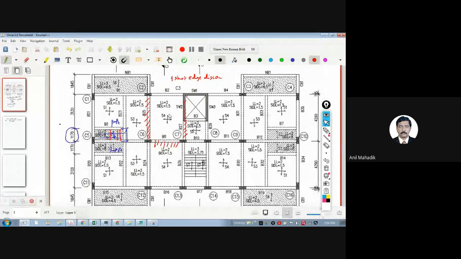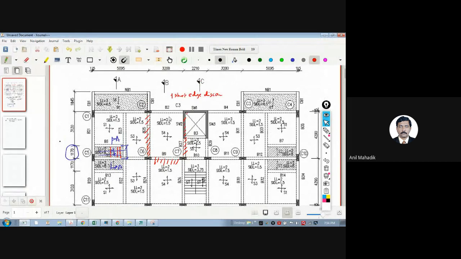S4. So what is the load on S4? Dead load, SIDL, and live load. So live load is 2, SIDL is, let's say, 1.5, floor finish only. And self weight, which is generally calculated by the Excel sheet. So let's put all the loads here, and the span and everything.